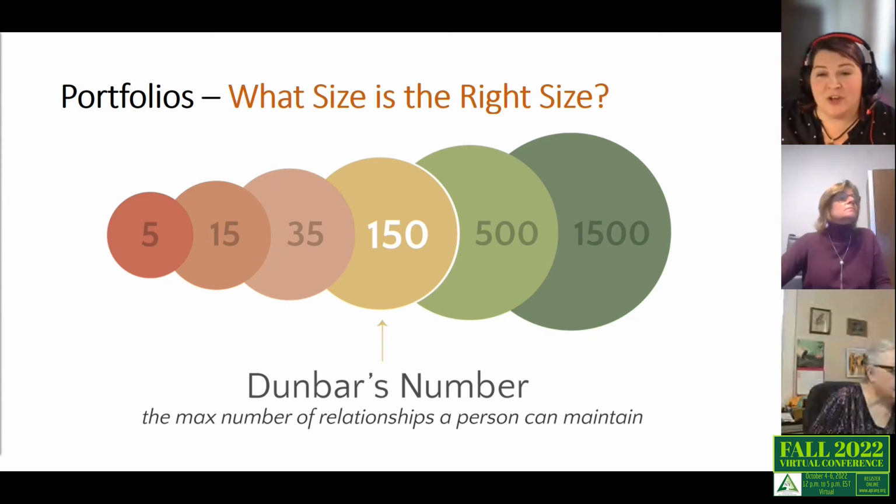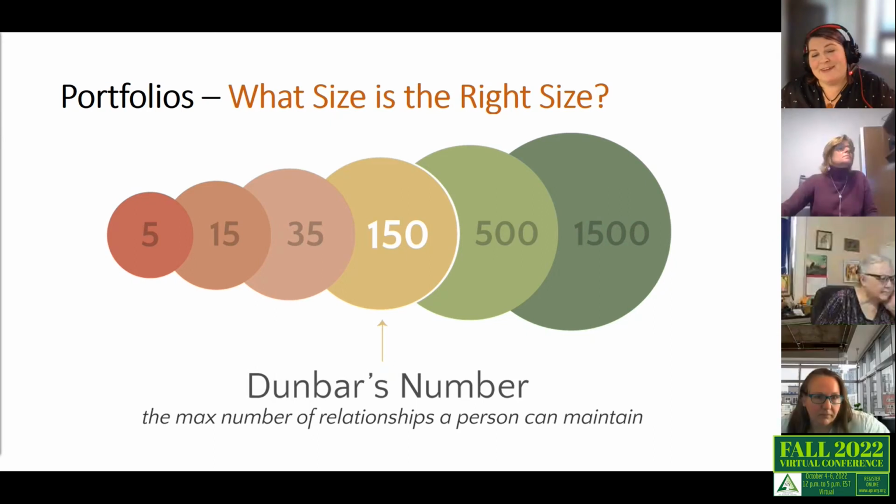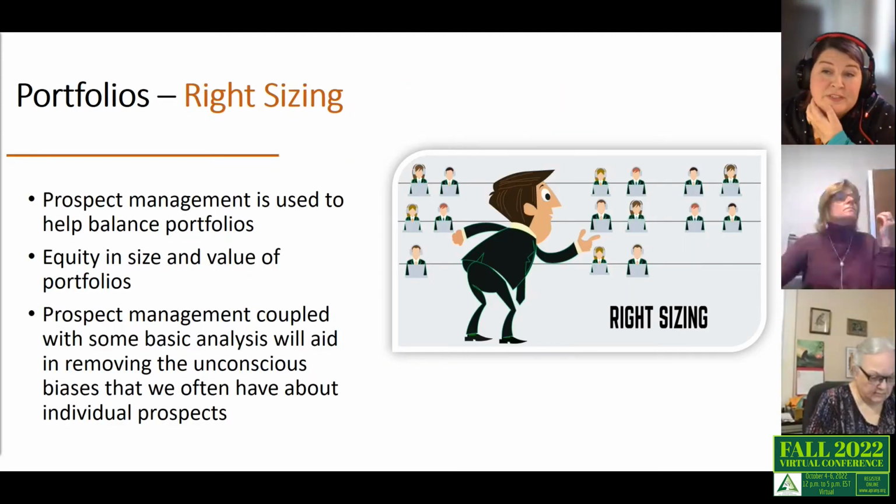If we can talk the people higher up into having smaller portfolios for our gift officers, and we're going to make them really good portfolios, then a smaller number than 150 would probably be better for your gift officers. If you've taken the time to create your prospect management system, if you've identified your terms well, the prospect management system is the tool that's going to help you create and right-size your portfolios.